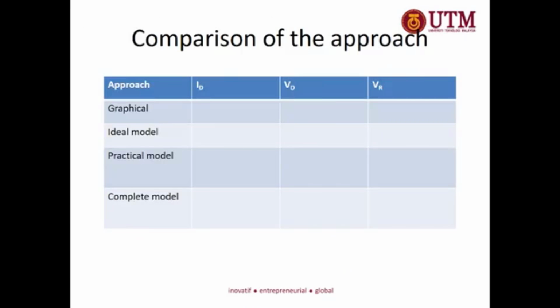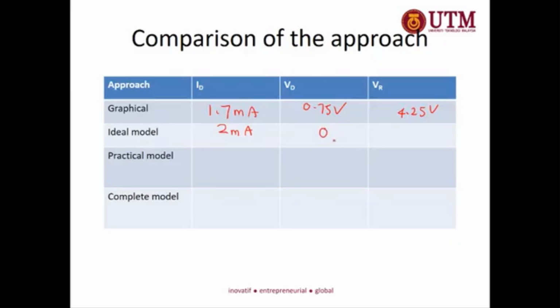So let's compare the results of the analysis. I just write down again the graphical method. The ID is 1.7 milliampere, and the VD is 0.75 volt. VR is 4.25 volt.